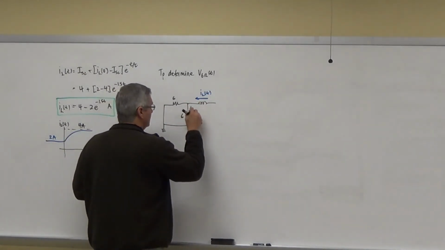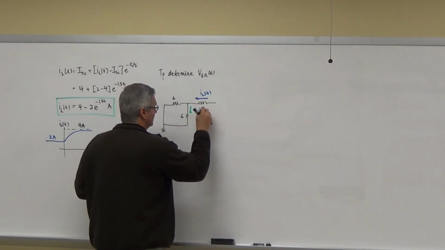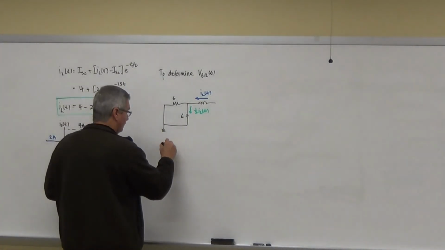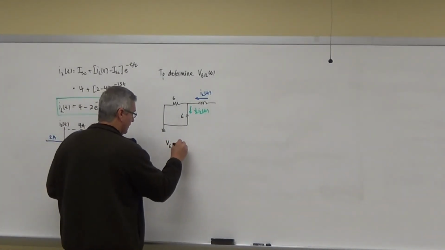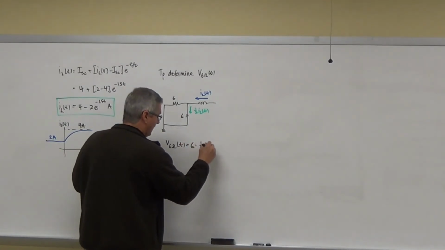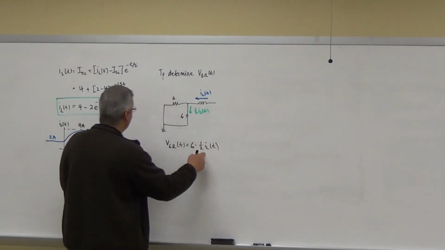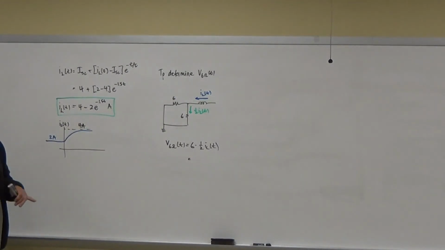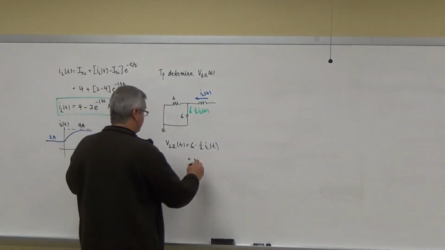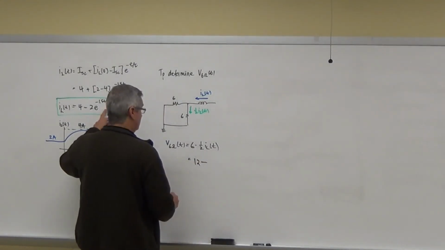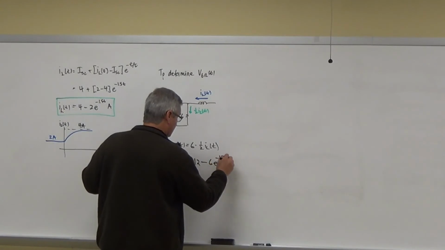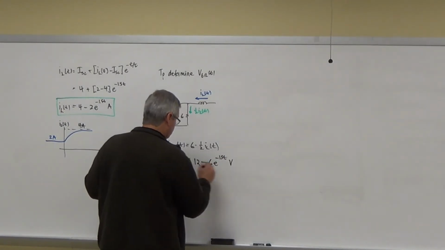So only half of the current of the inductor comes in here. To calculate the voltage of the 6 ohm at this point, it's going to be 6 times 1/2 IL, which means I can multiply this by 3. If I multiply this by 3, I get 12 minus 6 e to the minus 1.5 t volts.